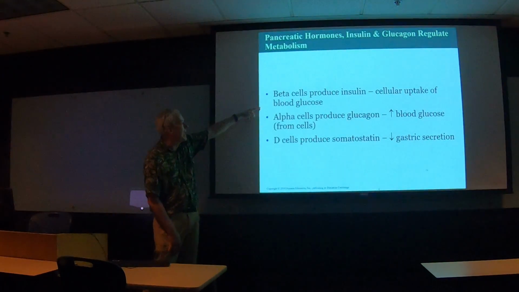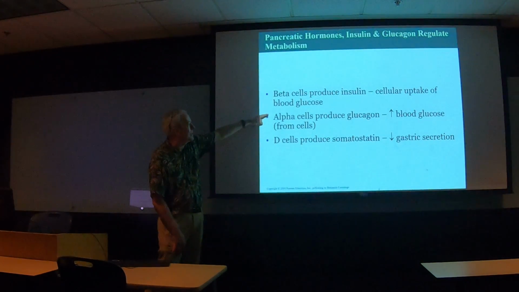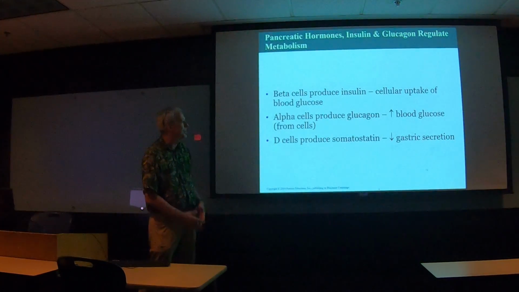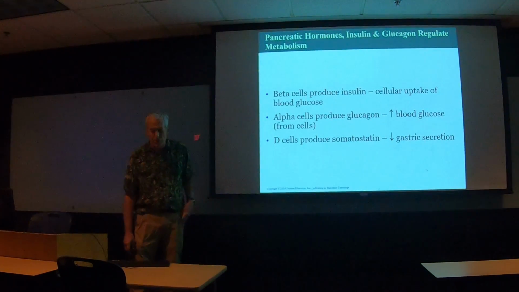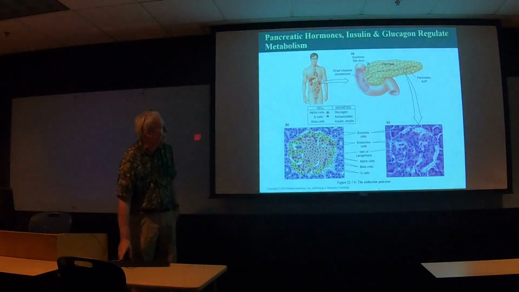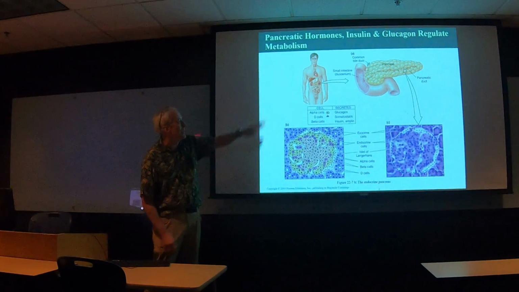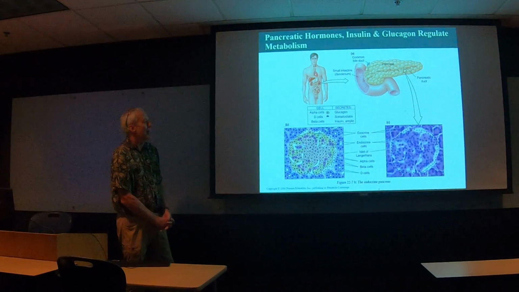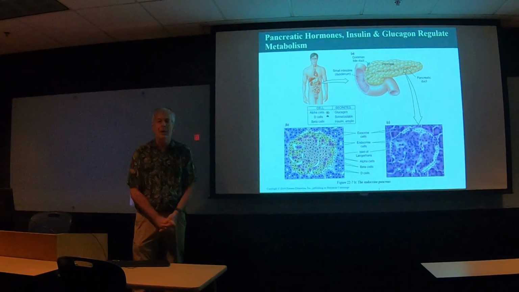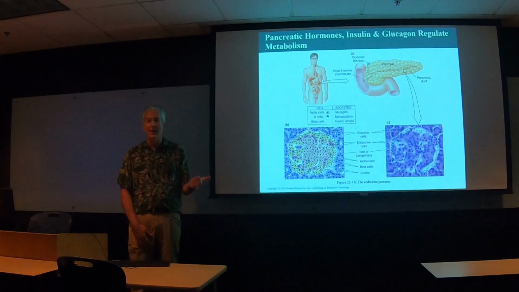So as I said, the beta cells produce insulin, the alpha cells produce the glucagon, and delta cells in the islets produce somatostatin, which decreases the gastric secretion. The pancreas, we talked about when we went over the GI tract. The pancreas has two different functions, the endocrine pancreas and the exocrine pancreas.